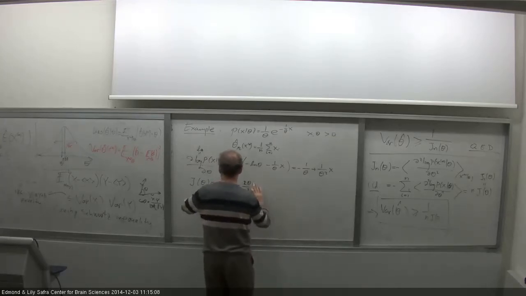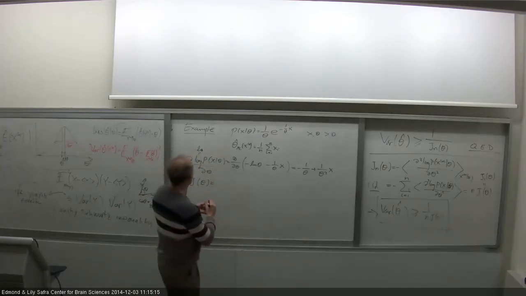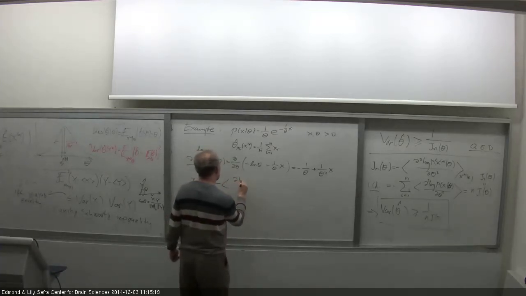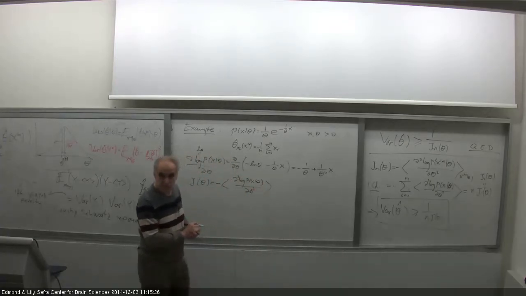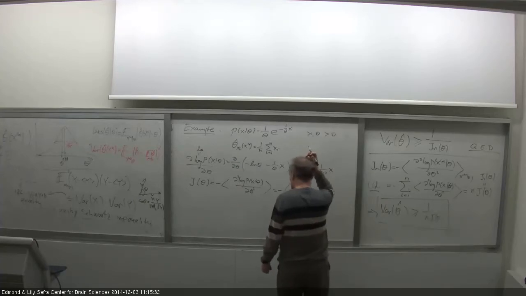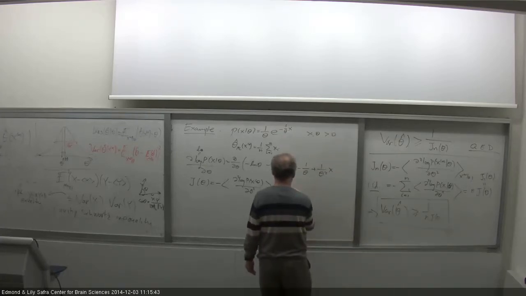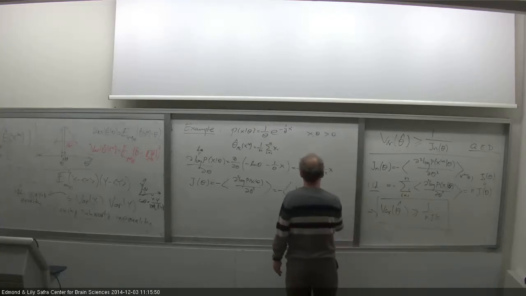And then I don't need to average further. I did it too quickly, maybe. So what I did here, I took the expectation of the second derivative of log p of x given theta with respect to theta. The second derivative again is minus 1 over theta square, plus the derivative of 1 over theta square, which is 2 times 1 over theta cubed with a minus sign, times x.